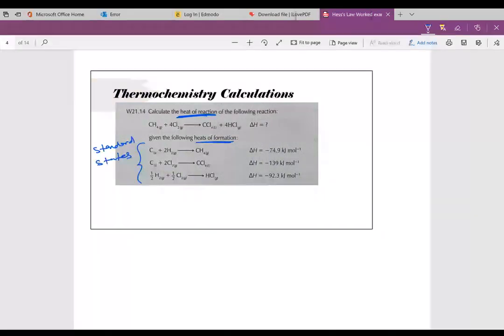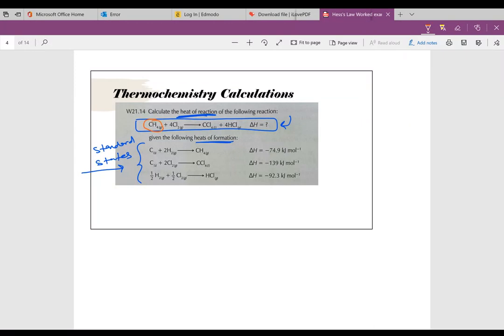The idea behind this is I want to take this equation and find the delta H by making the equation CH4 plus 4 Cl2 to give me CCl4 plus 4HCl out of these equations here.